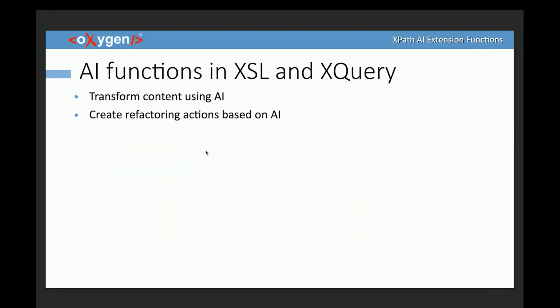Then you can also use this XPath function in XSLT and XQuery. So if you want to transform the content automatically using XSLT and XQuery and benefit also from the AI, you can use it there too. And you can also create a refactoring action that will allow you to refactor your content.